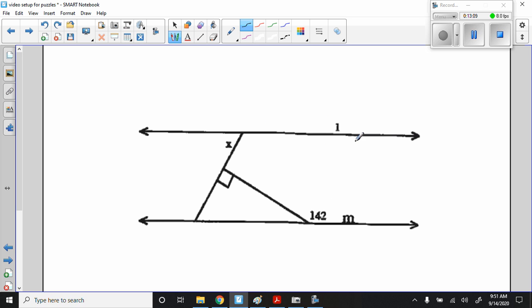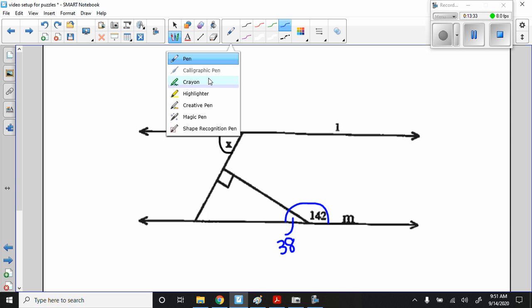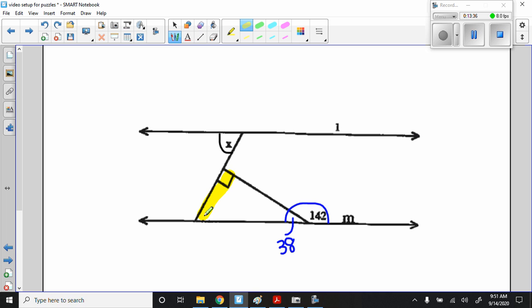The last puzzle is they want you to find X, and X is in this little corner here. I just did this one way. I created a half circle here. And this little angle here has got to be 38 because of 180. Then I work with this right triangle. And I have to remember that this represents a number, which is 90.